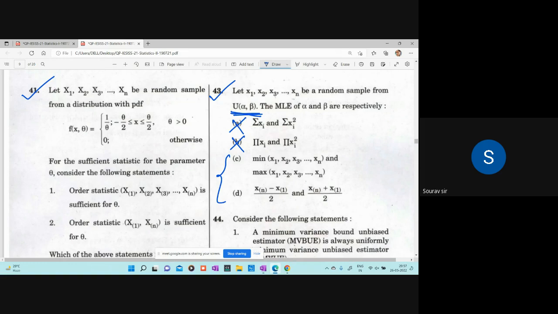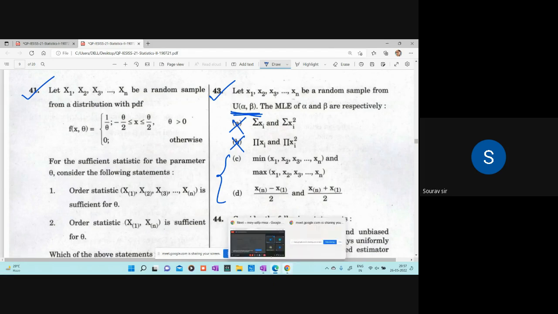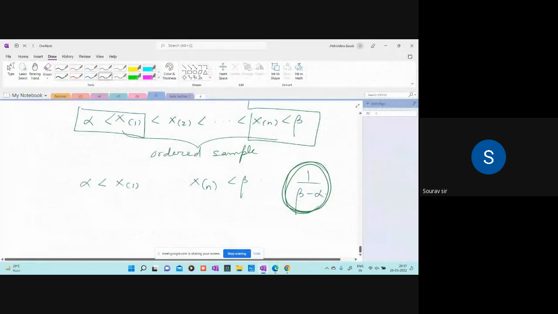See this particular thing. 1 by beta minus alpha will be maximized if, tell me, which one is bigger, half or 1 by 4?